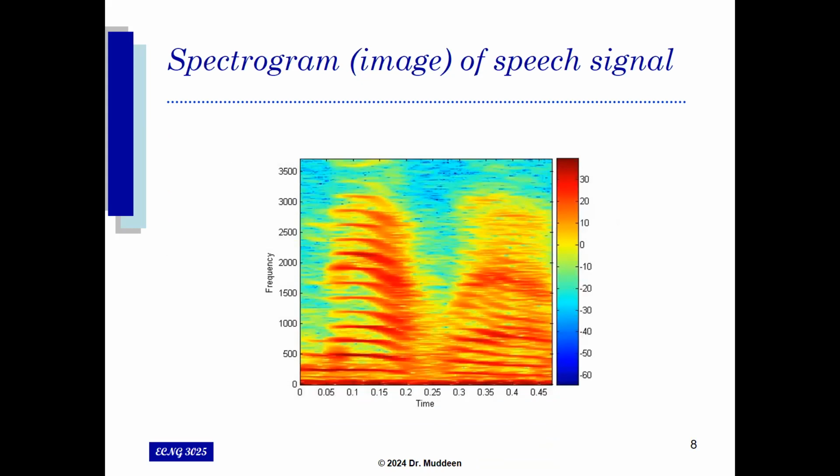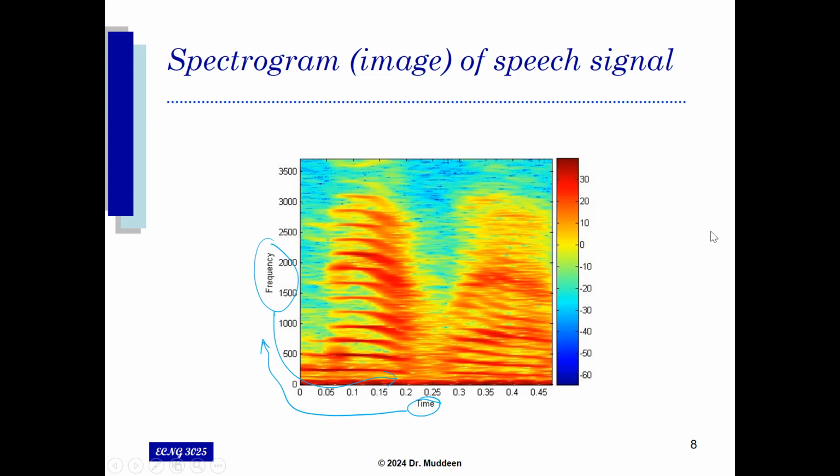And this is what it looks like. You put the time and the frequency, and as you will see in a short while, time and frequency you could interchange. I could put time on the y-axis and the frequency on the x, so the image would just simply be rotated. Then the amplitude of each of the signal components is color coded.